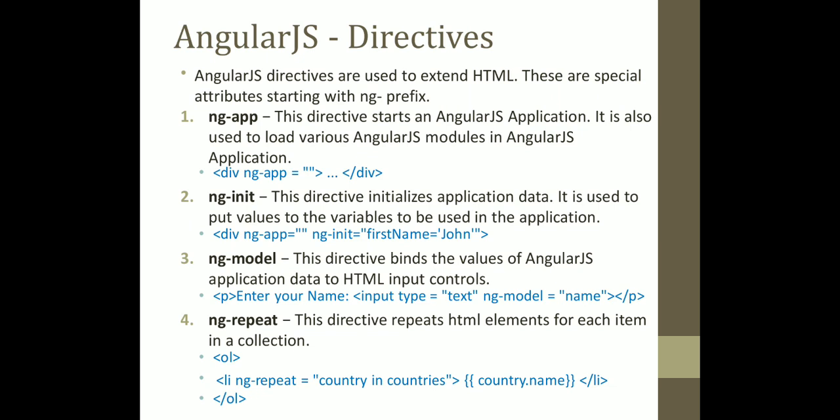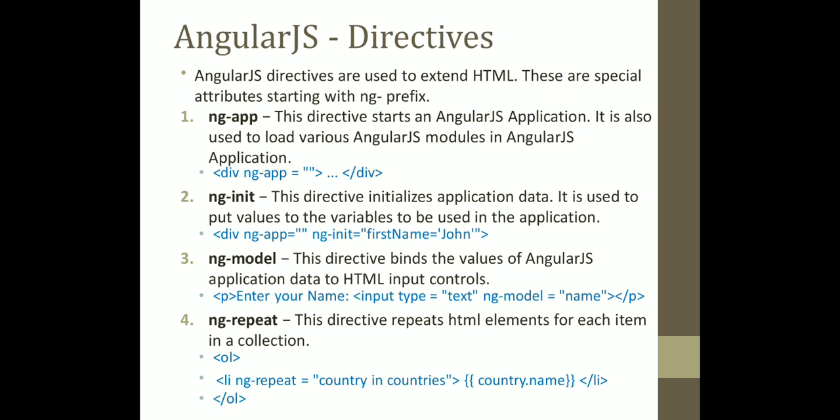For example, if you are using a variable with the name, you will provide the value for that name, for example abc xyz, with the help of the init directive. How it is used, we'll see with the example given.